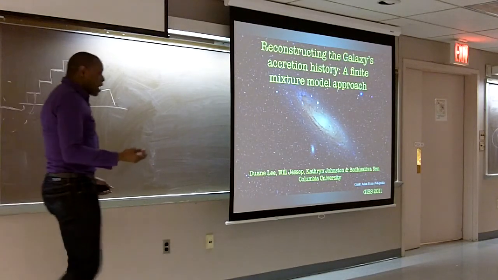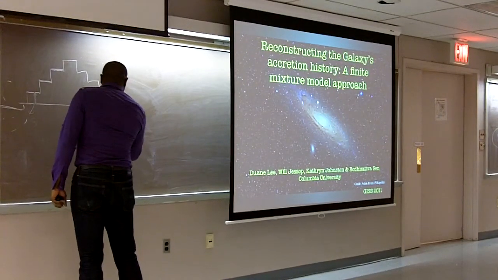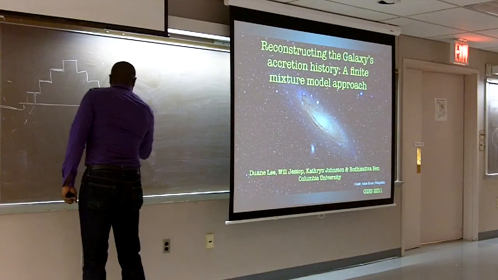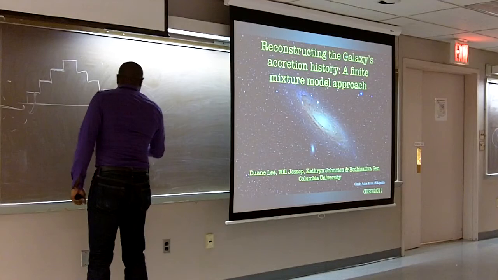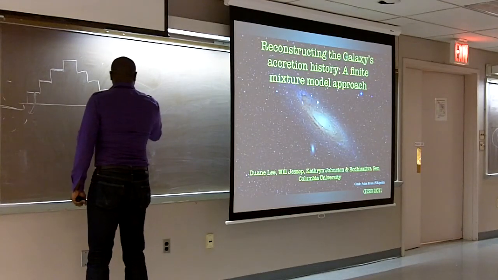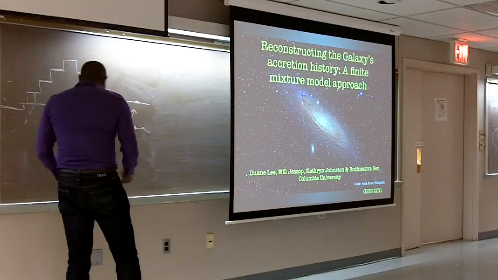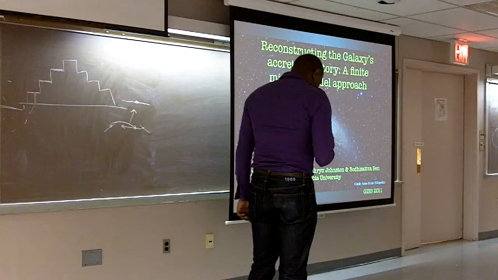Now the other model, the hierarchical model, is the idea that you in fact have these small galaxies that essentially just collide into each other and give you a bigger galaxy. And so those are the two modes of galaxy formation.